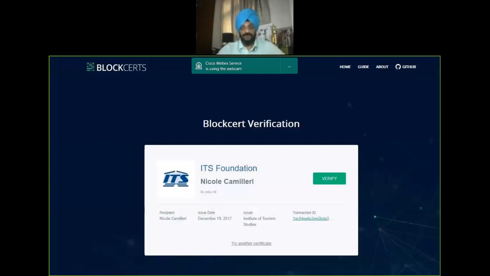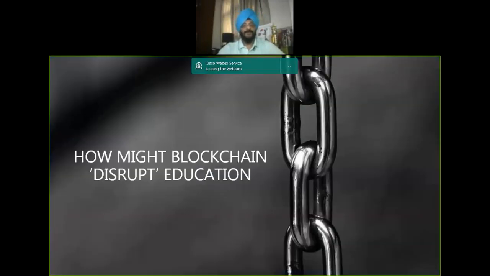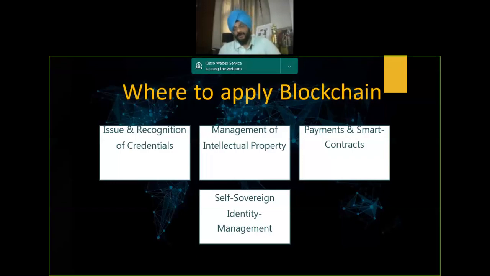So this is the kind of certificate verification that happens, and based on the transaction you come to know whether the certificate is verified or not. Okay, so where else can it disrupt the education industry? It can disrupt the issue and recognition of credentials. It can help in management of intellectual property rights.